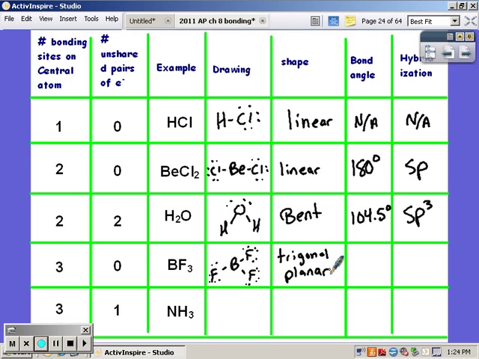So it's all going to be on one plane. If it's in one plane, it's kind of like a circle cut into thirds, and so each bond angle is 120. Hybridization: we have 3 things coming off, so that's s, p1, p2.